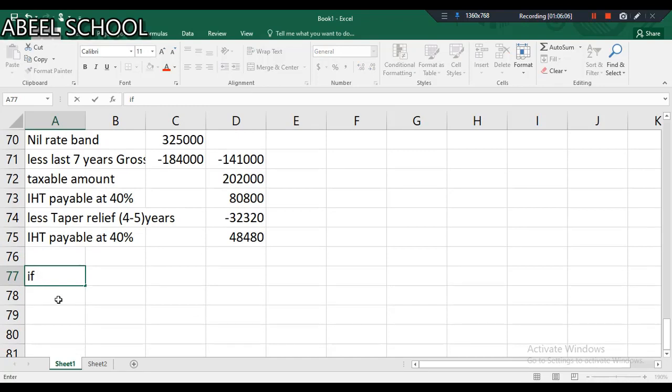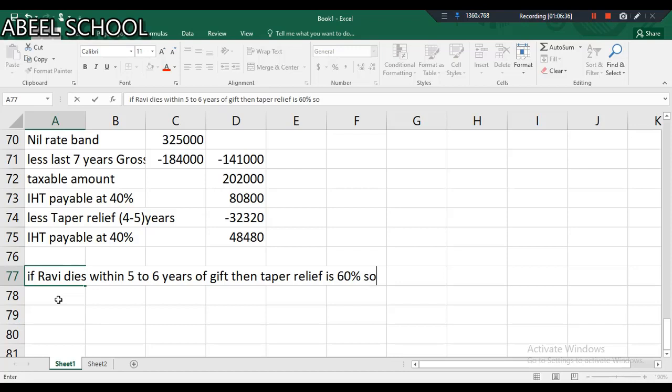If not ZT, Ravi. If Ravi dies within 5 to 6 years of gift, then taper relief is 60%. So IST is only 40%.